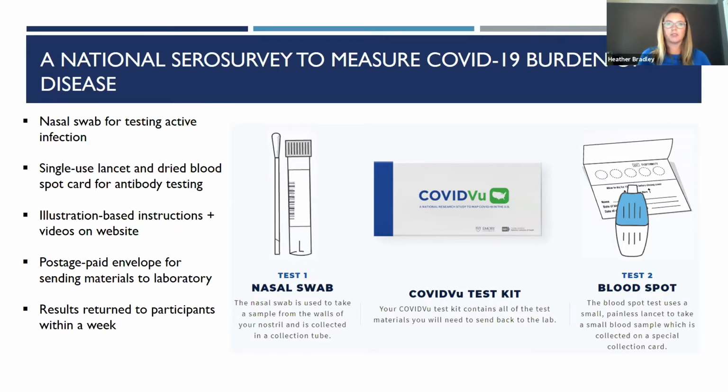It also contains a postage-paid envelope, so you can collect your specimens, put them in the envelope, and drop it in your mailbox. It gets sent off to the lab, and the study receives your results, but you also receive your results within about a week. So it's a pretty easy way to get tested for COVID-19 without leaving your house.